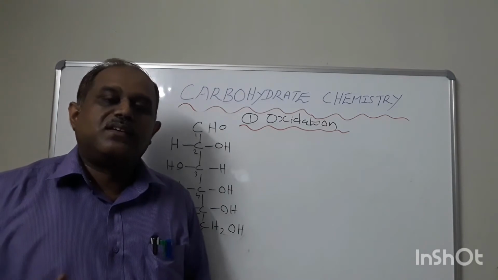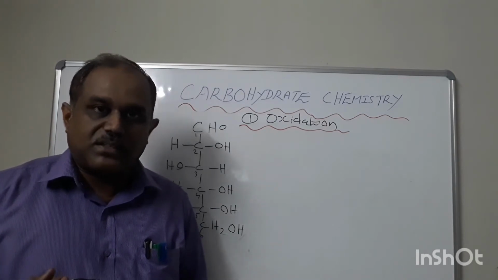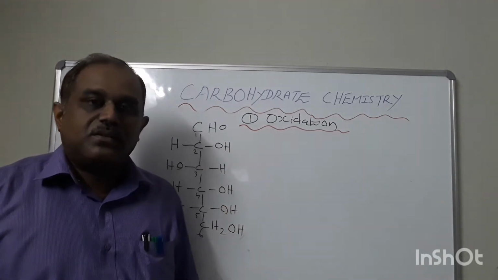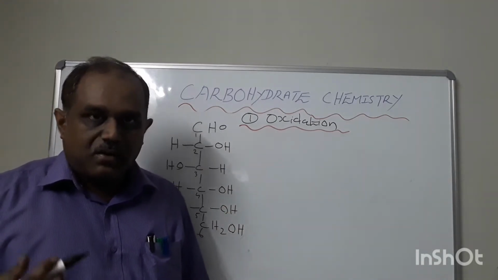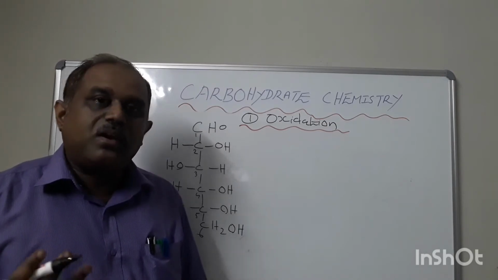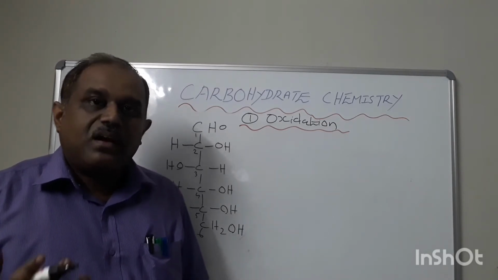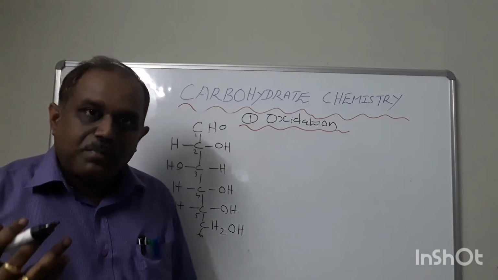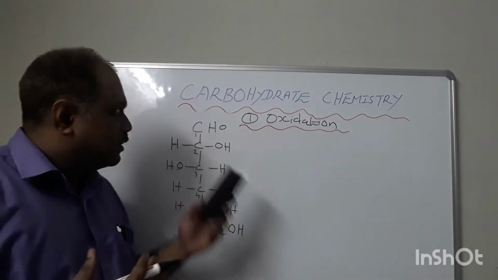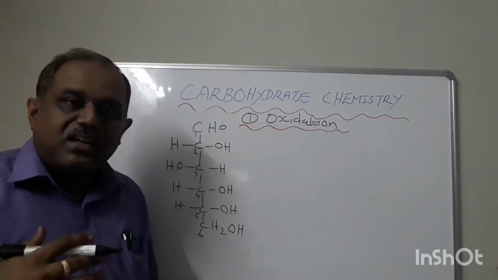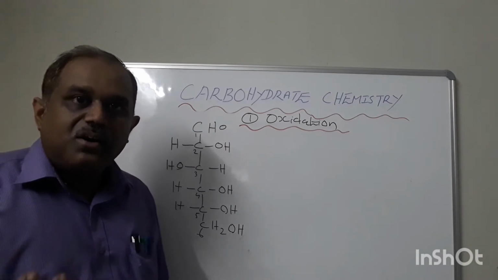Now let us learn the various chemical properties in detail. First chemical property is oxidation. So what is oxidation? Oxidation is addition of oxygen or removal of hydrogen. Under mild oxidizing agents such as hypobromous acid, the functional group is oxidized and it gives the corresponding aldonic acid.